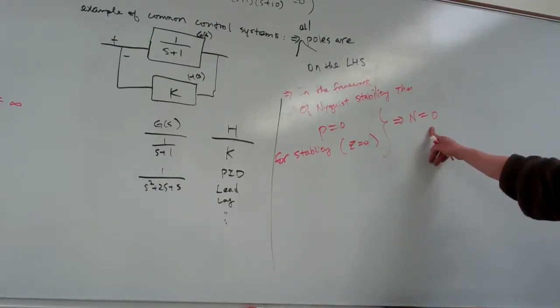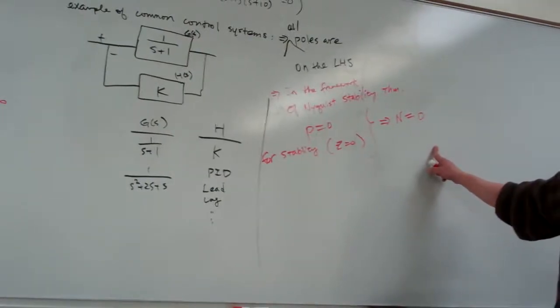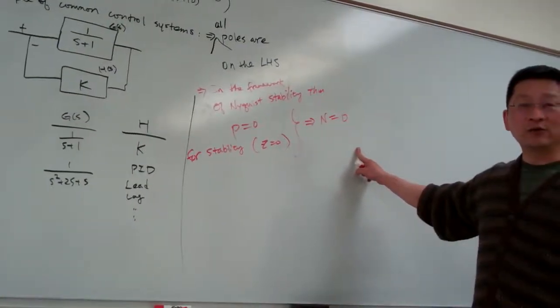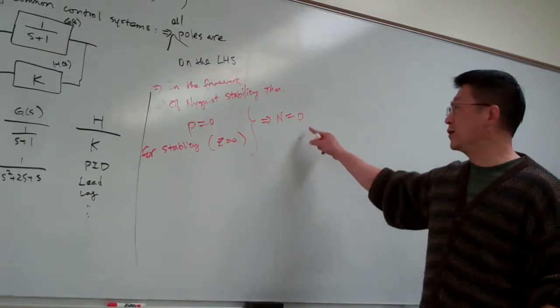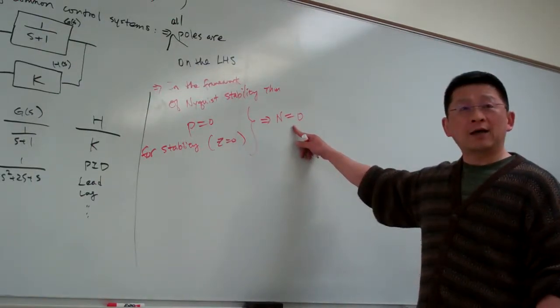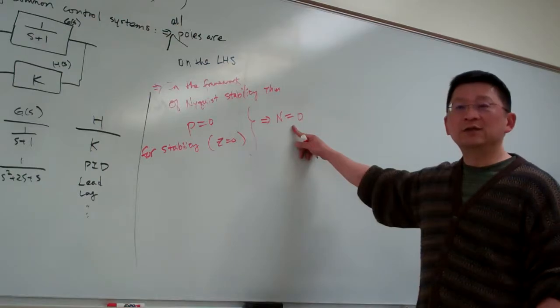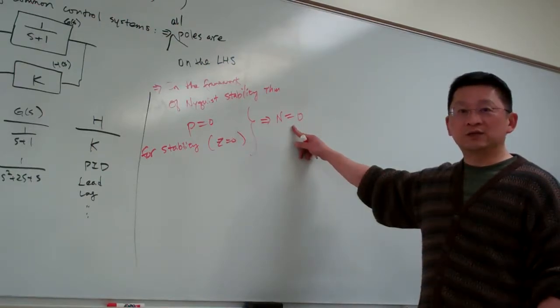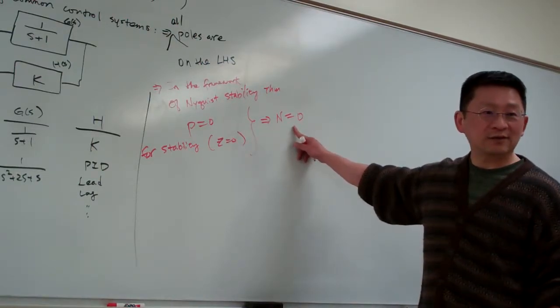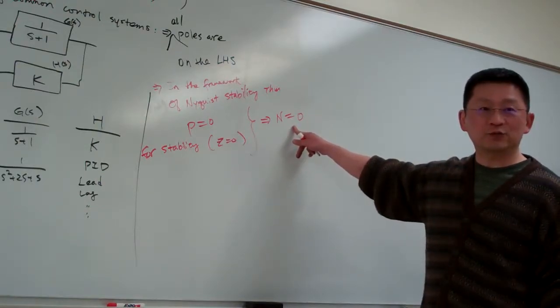That means when you draw the Nyquist plot of certain common characteristic equations, the origin shouldn't be encircled in your plot. So that is the implication of this result.